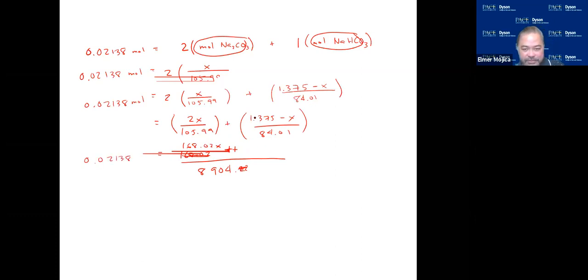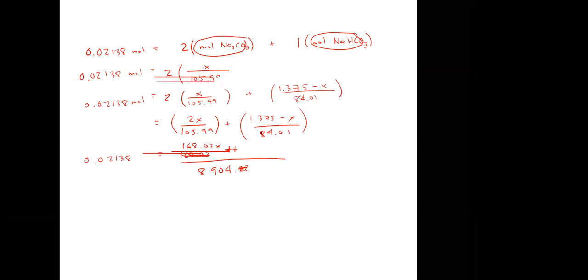so what do we have here? 1.375. So that will become what? 145.74. Okay. Divided by 84.01.